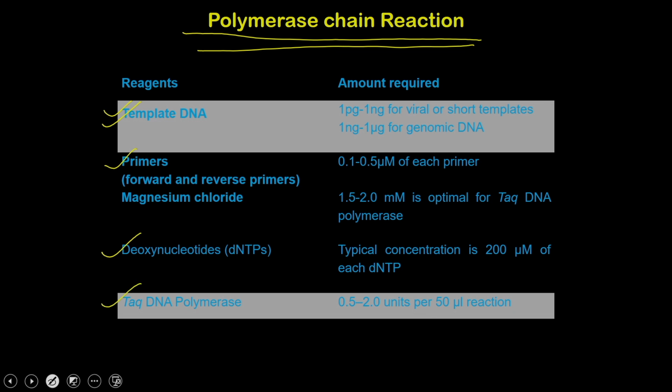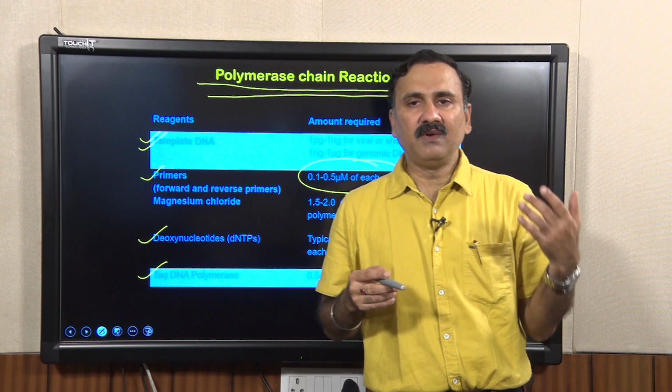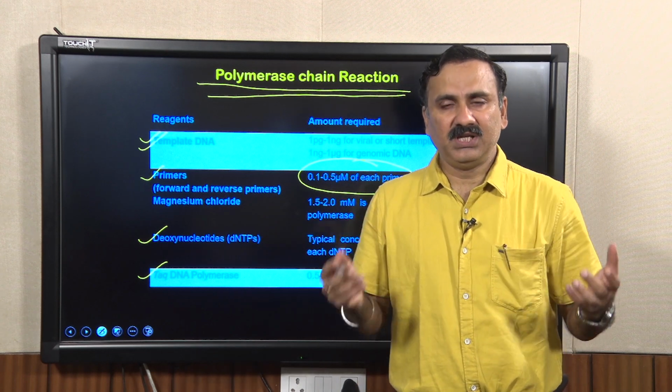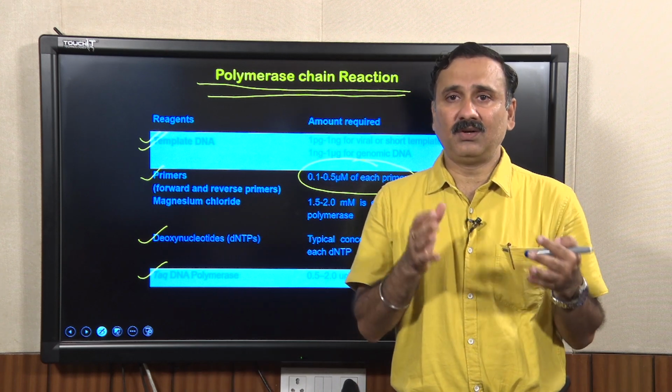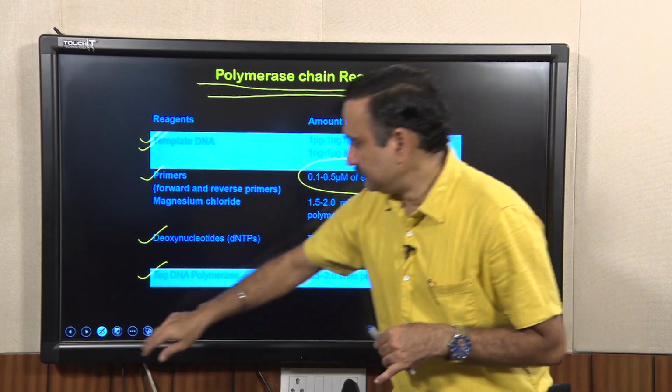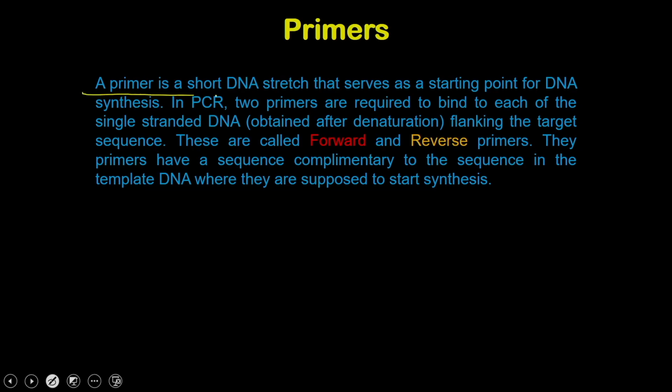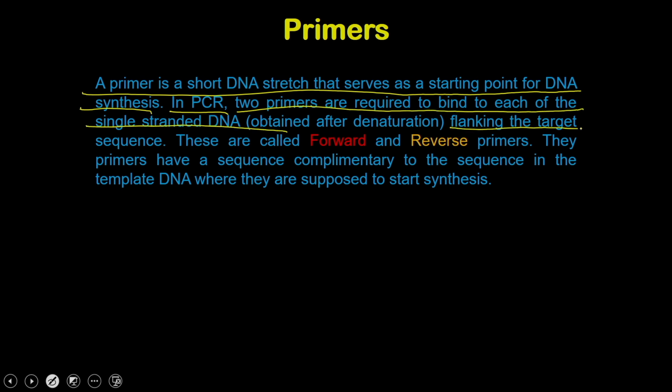Out of these components, the primers are very important, and for every target gene you have to synthesize a set of primers. The primer is a short DNA stretch that serves as a starting point for DNA synthesis. In PCR you require two primers to bind to each single-stranded DNA flanking the target sequence. These are called the forward and the reverse primers.